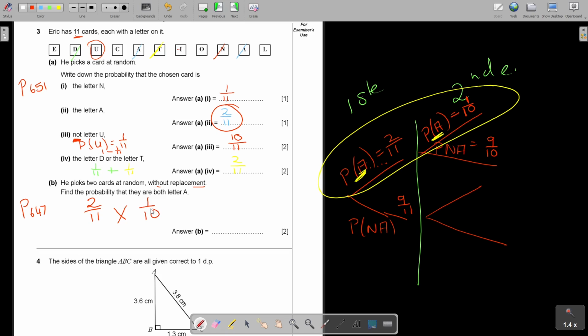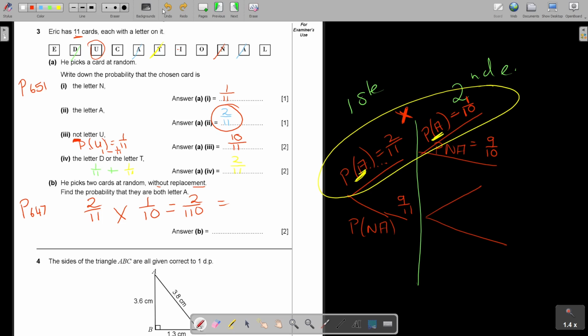Can you remember, it stands very clear in the textbook, in the branches we multiply. If we work with more than one branch, we add up. That's basically what I did here. If I simplify, I get 2 over 110, which simplifies to 1 over 55.